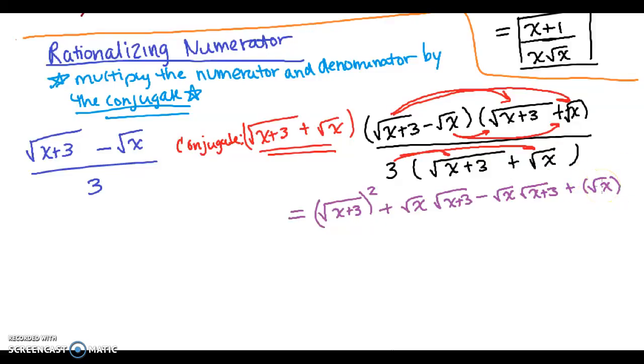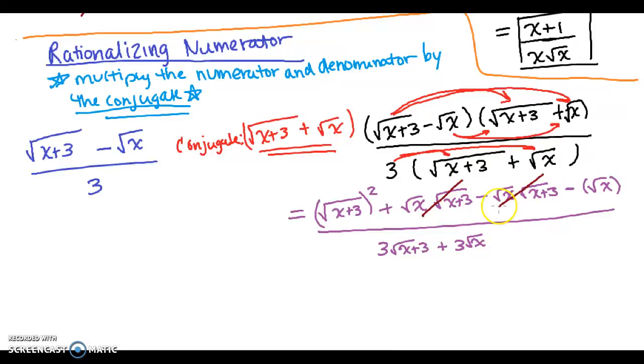And on the bottom we have 3 times the square root of x plus 3, plus 3 root x.